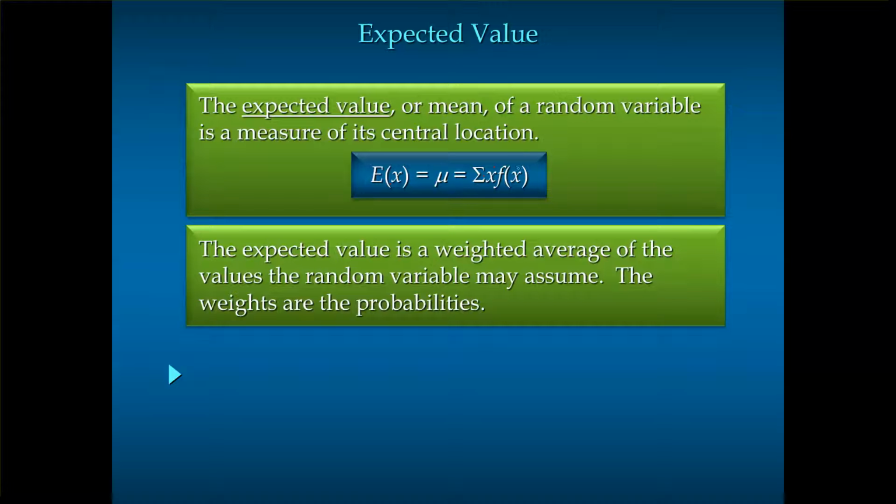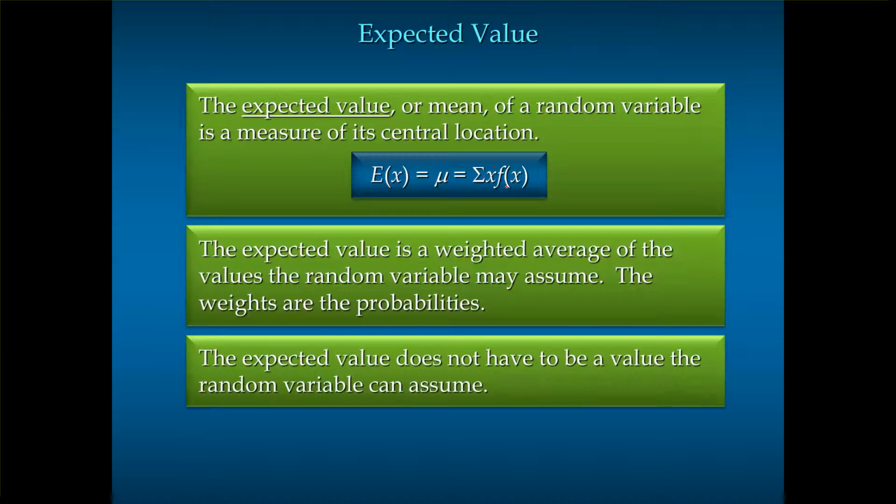So we treat f(x) as the weight for the possible outcome of the random variable. The expected value does not have to be a value the random variable can assume. Later we will look at an example to better understand why.